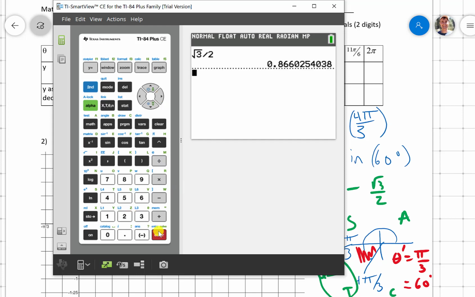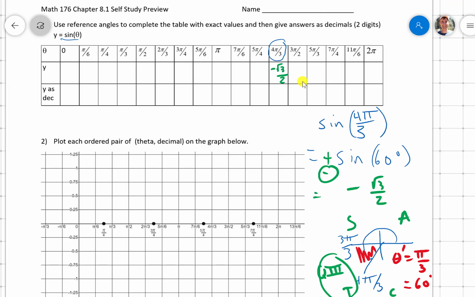Now, it's an irrational decimal that goes on forever and ever and never repeats, but I'm just going to round this to 0.87 for my decimal round off. So I'm going to do 0.87, and I have to remember it's negative.